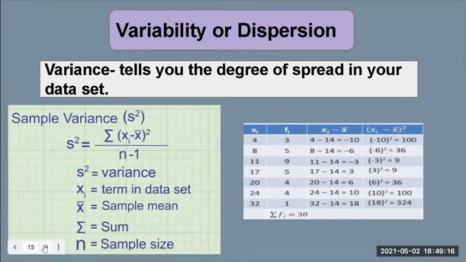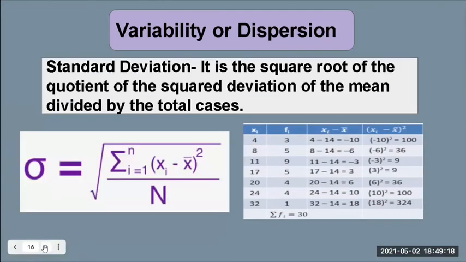And let's have the standard deviation. This is the last one for our descriptive analysis. So what is standard deviation? Standard deviation is the square root of the quotient of the squared deviation from the mean divided by the total of cases. A while ago, we have this one here. This is the sign of the standard deviation.